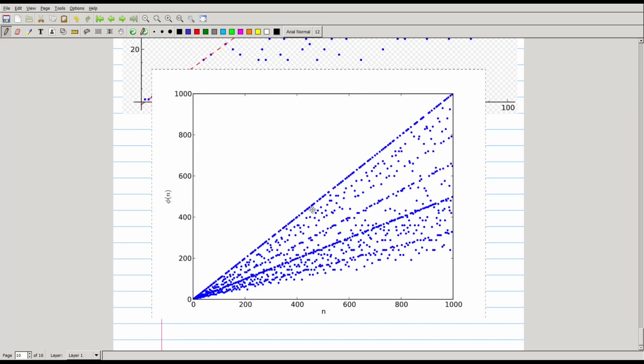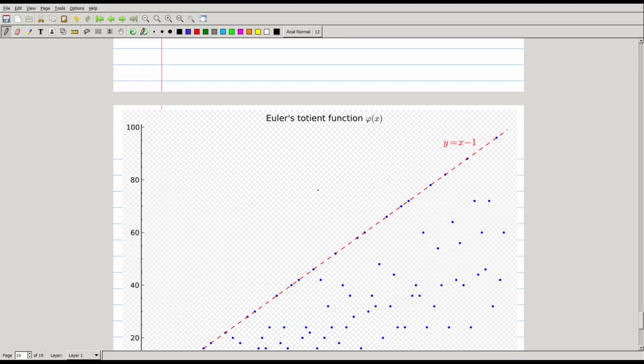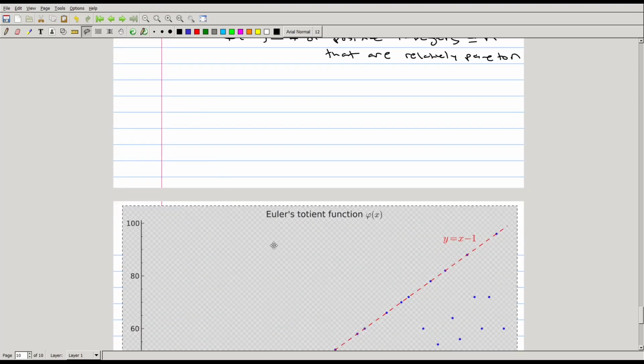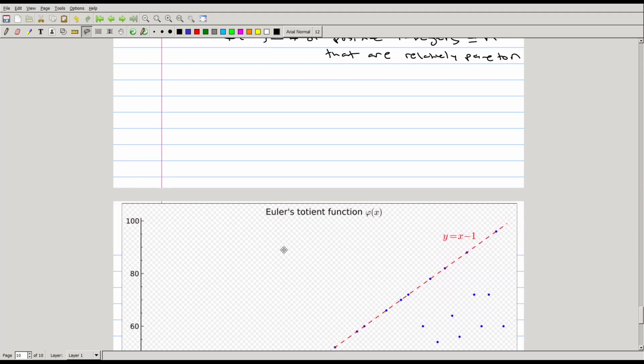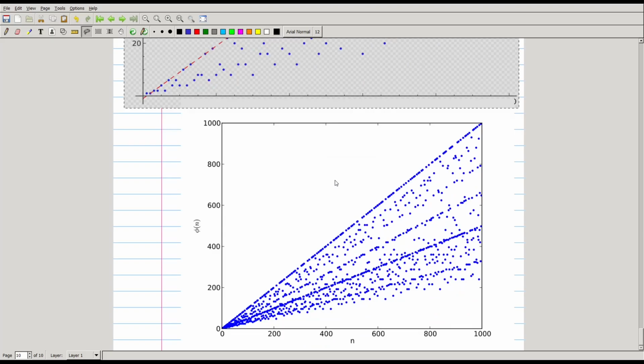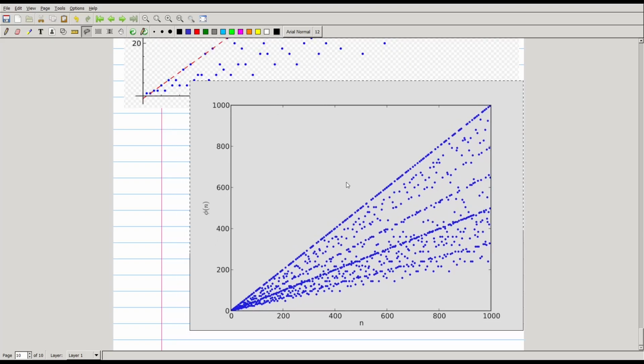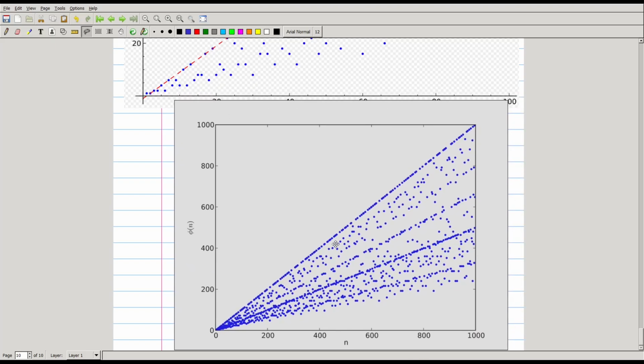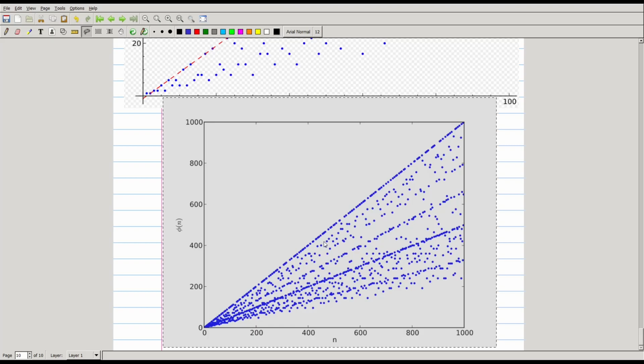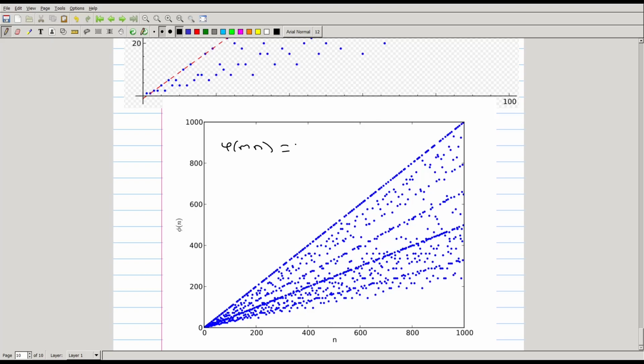We can see a plot of it from 0 to 1000. But this is a very useful function that satisfies a number of very interesting and useful properties. One of the most useful properties is that it's multiplicative, in that phi of m times n is equal to phi of m times phi of n.